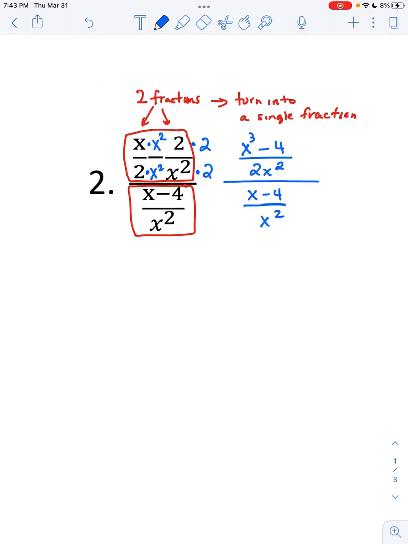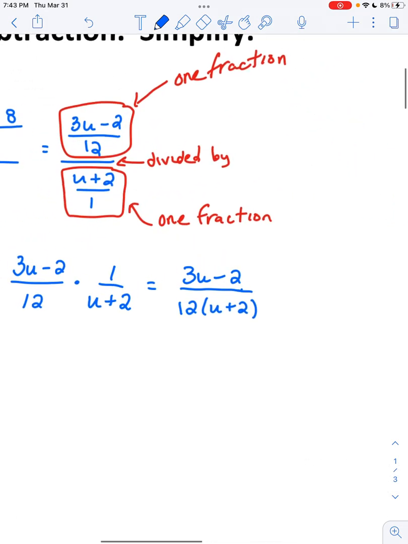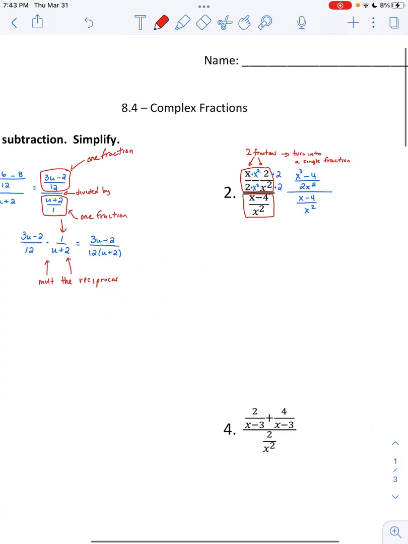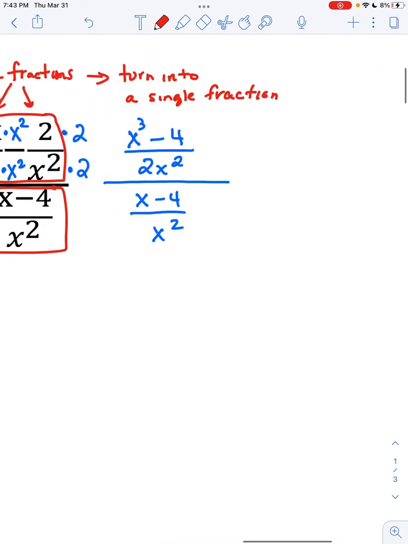And just like before, once you get one fraction divided by one fraction, what you'll do instead is you'll multiply the reciprocal. So again, we'll take the first fraction, so x cubed minus 4 over 2x squared, and then we'll multiply by the reciprocal of the bottom fraction, x squared over x minus 4.